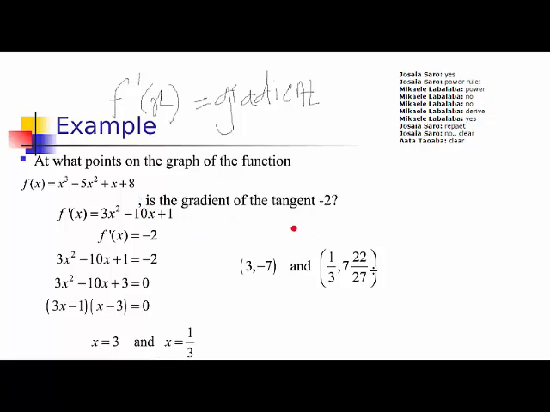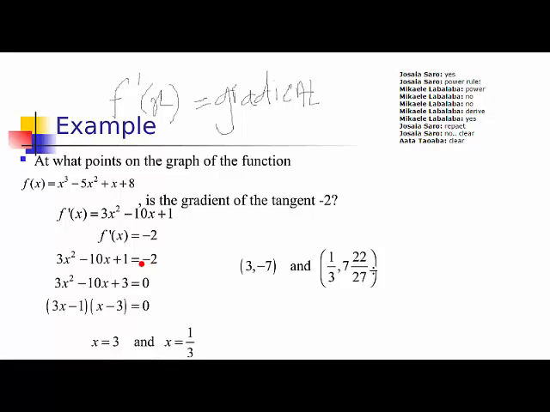Since f dash of x is equal to the gradient, f dash of x equals negative 2. So you put 3x squared minus 10x plus 1 equal to negative 2.